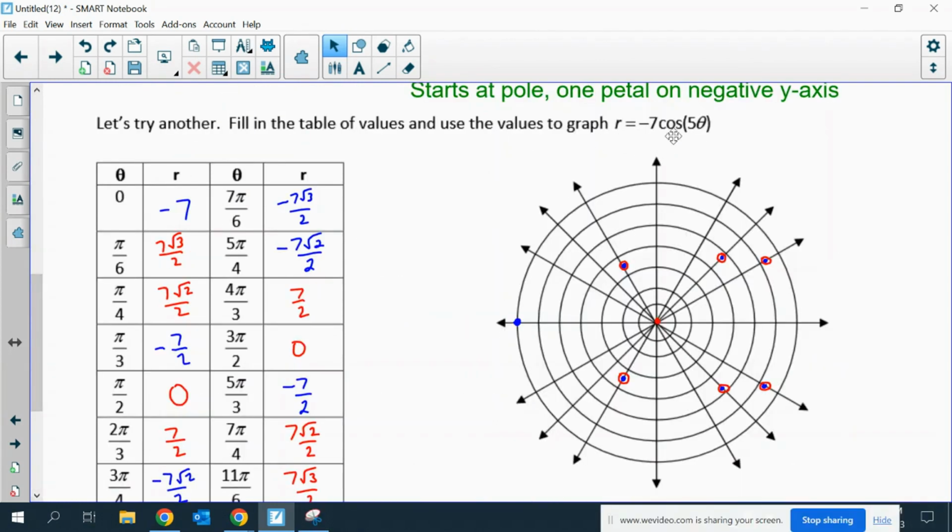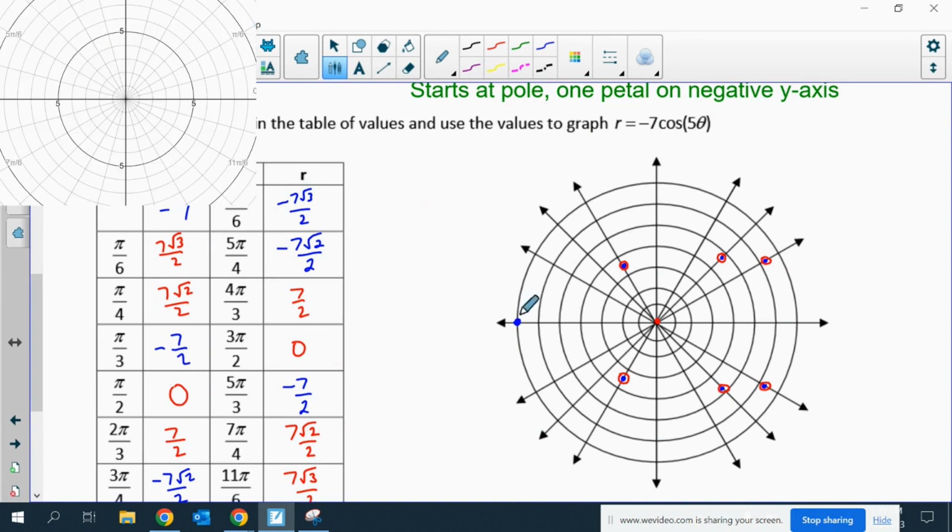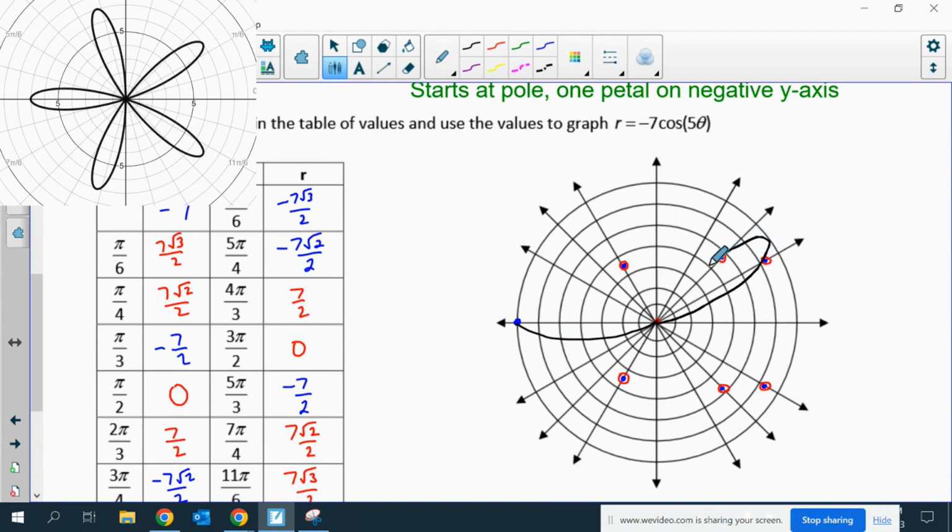Now we're going to graph r equals negative 7 cosine 5 theta. So we would start at negative 7, comma 0. We move in this direction. Then we end up over here, sweeping back down, and so on.